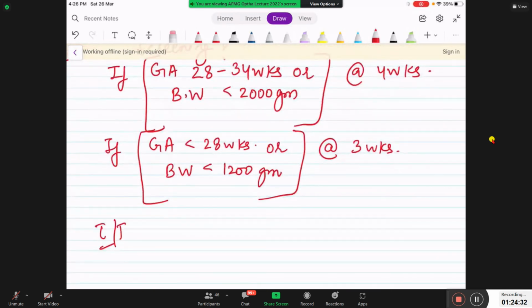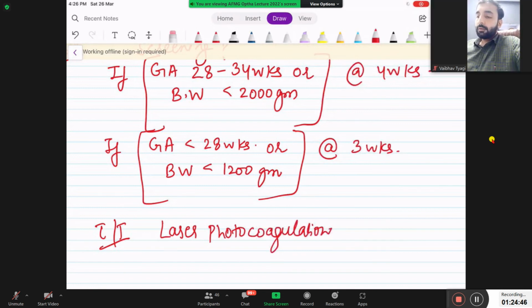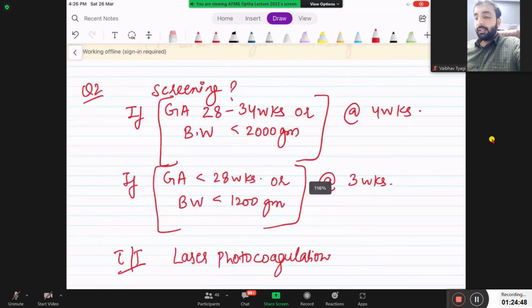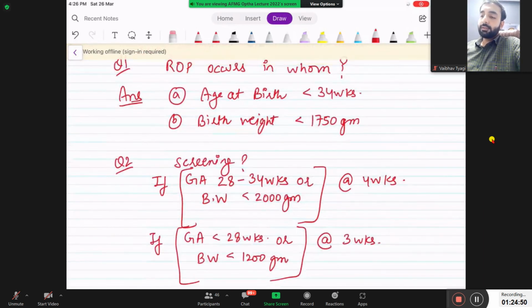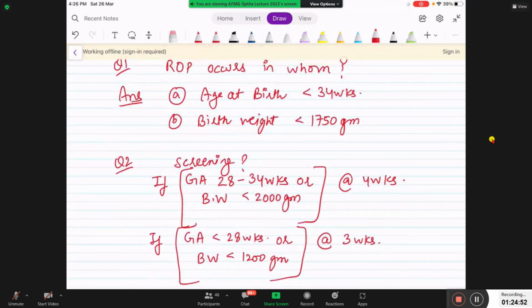Coming to treatment, we do laser photocoagulation. These things you have to remember. Important.